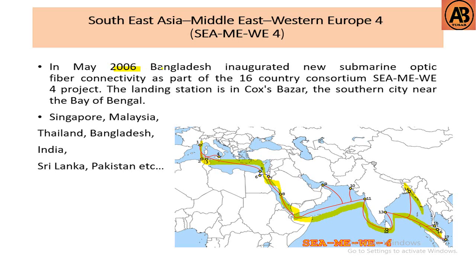In May 2006, Bangladesh inaugurated new submarine optic fiber connectivity as part of the 16-country construction SEA-ME-WE 4 project. The landing station is in Cox's Bazar, the southern city near the Bay of Bengal, connecting Singapore, Malaysia, Thailand, Bangladesh, India, Sri Lanka, Pakistan, etc. So this is the line of optical fiber or submarine cable.